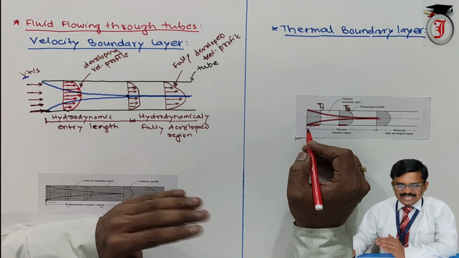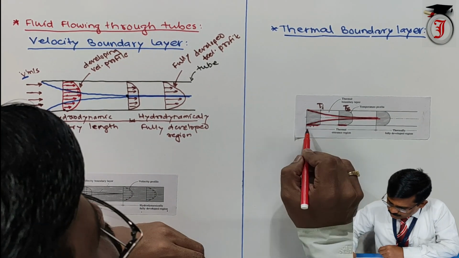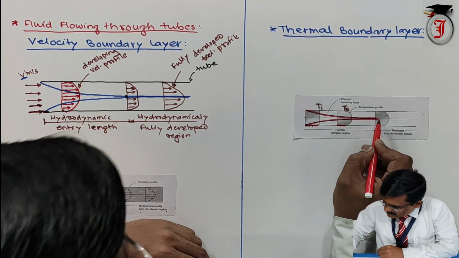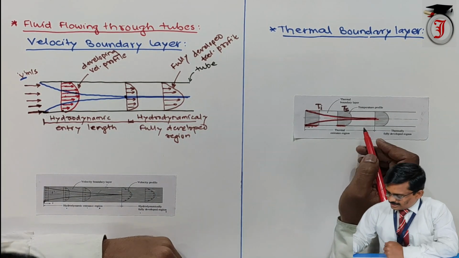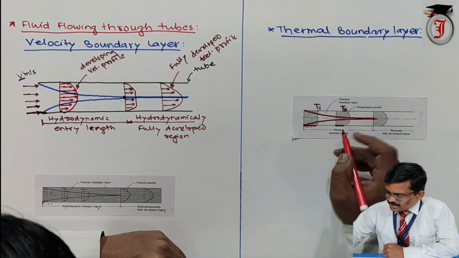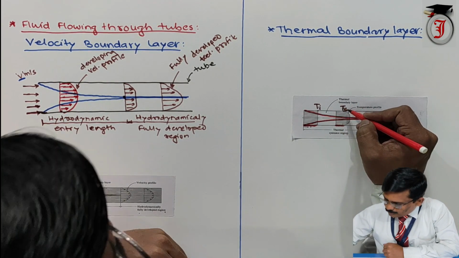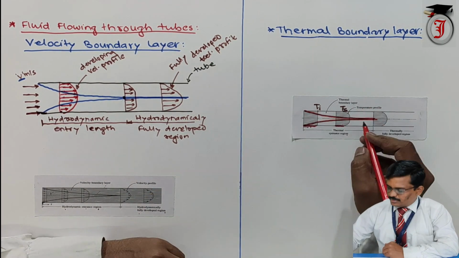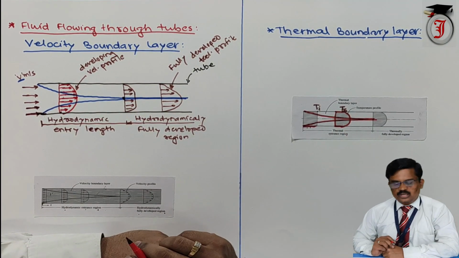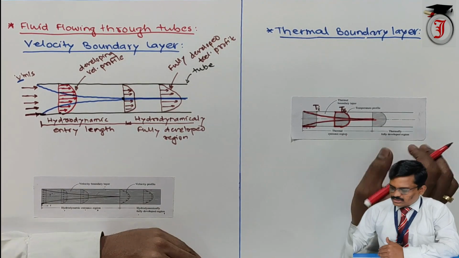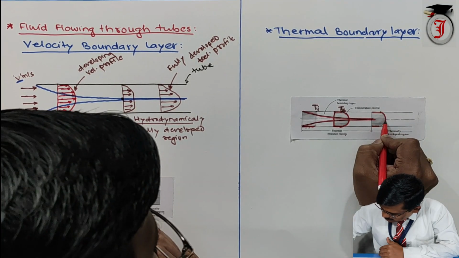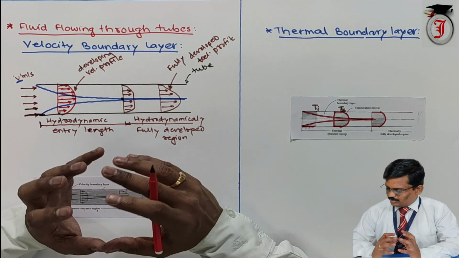The region from the entrance, where the thermal boundary layer develops, to the point where the thermal boundary layer meets the center line is called the thermal entrance region, and the temperature profile is called a developing temperature profile. The region beyond this is called the thermally fully developed region, where the temperature profile is also fully developed.